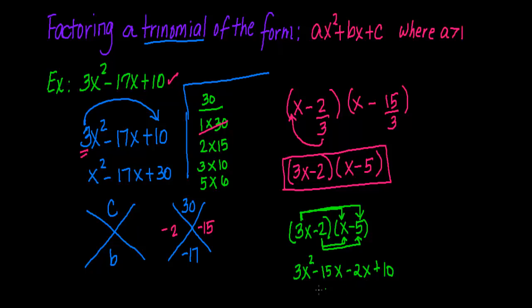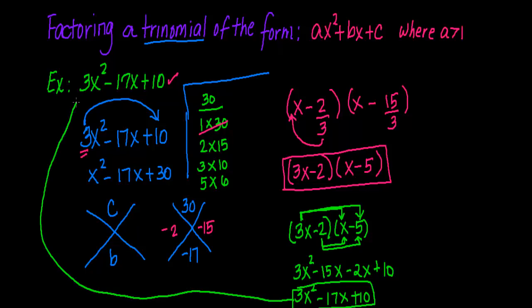And now we collect like terms, so that means I can add together negative 15x minus 2x because they are like terms and they will add to negative 17x plus 10. Did I get the expression that I had originally? Yes, we did. That tells me that this is correct.